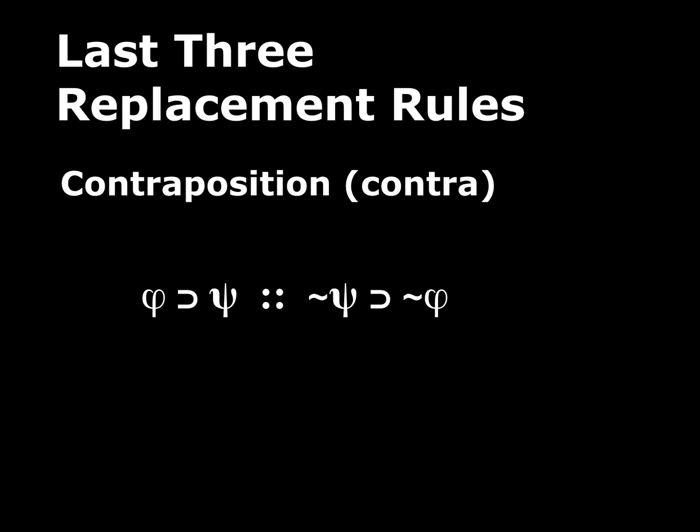Your first thought should be, well, probably because it's not truth preserving, and you'd be right. If you just swapped the order of the antecedent and consequent in a conditional, that would not be truth preserving. But you can swap the order of the antecedent and consequent if you negate both of them when you do it. So you can go from if not phi, then psi, to if not psi, then not phi.